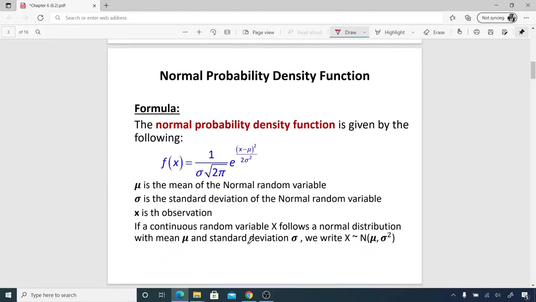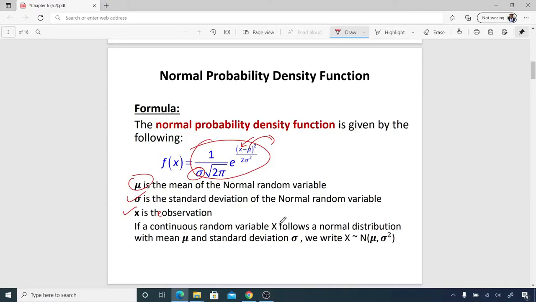Just to show you, the probability density function of the normal distribution is given by this expression, where x is the observation, mu is the expected value or mean of the normal random variable, sigma is the standard deviation, and pi is a constant.